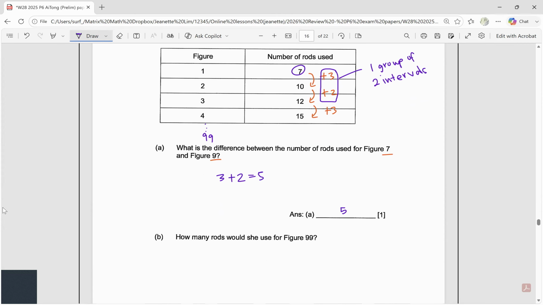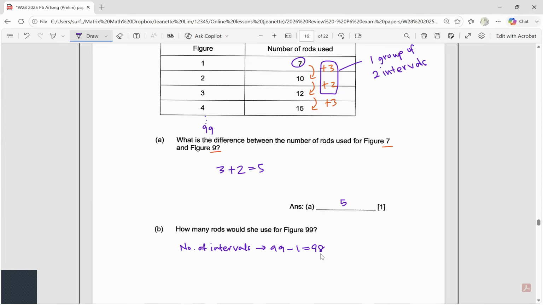So for figure 99, how many intervals are there? So the number of intervals would be 99 minus 1, which is 98. Now, if there are 98 intervals and I group every 2 intervals together, the number of groups, so you got 98 intervals, then you group them into groups of 2.